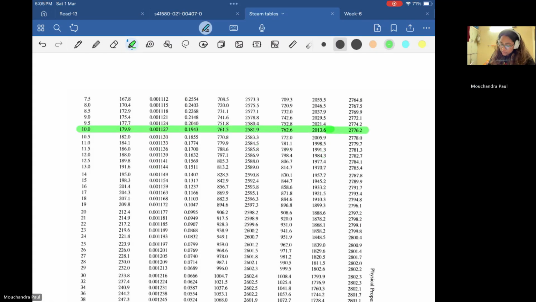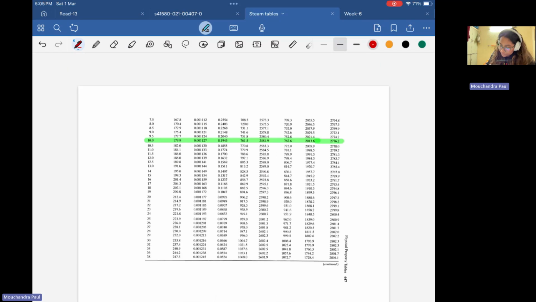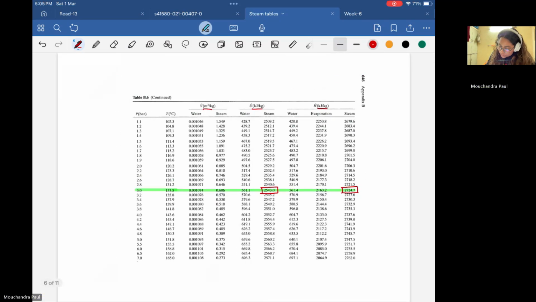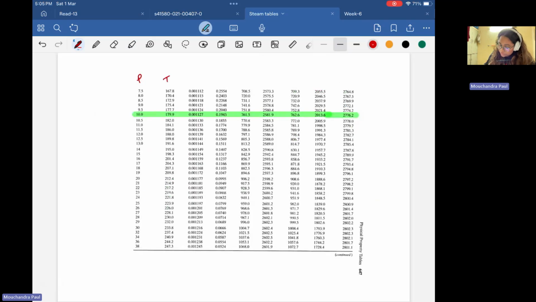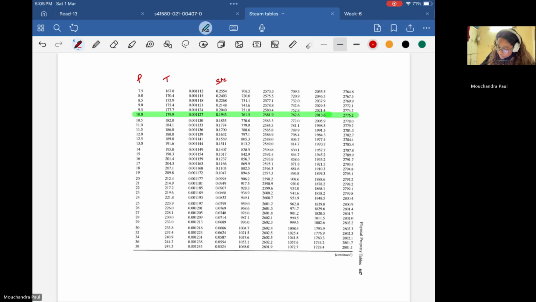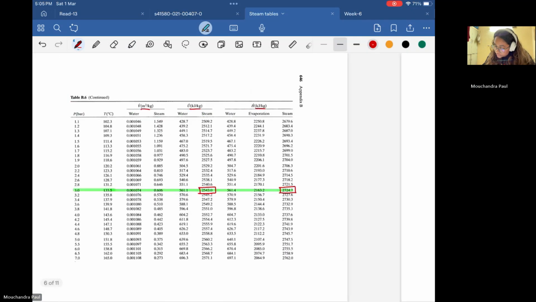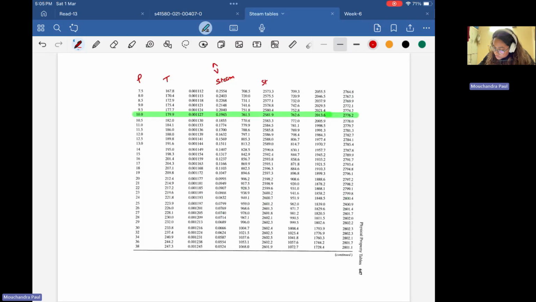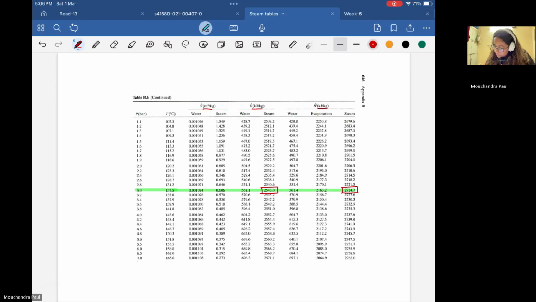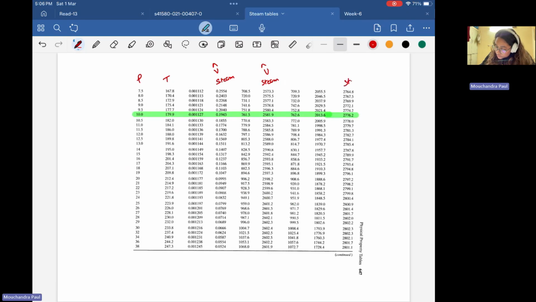This is your pressure column. This is your temperature column. This is for steam V hat. Then this is for steam U hat. And the last one is also for steam, but here it's for H hat.